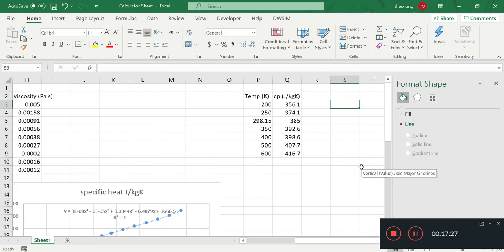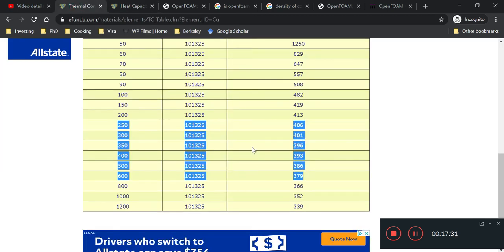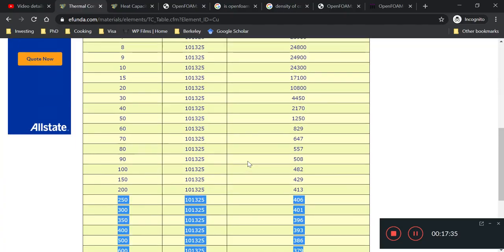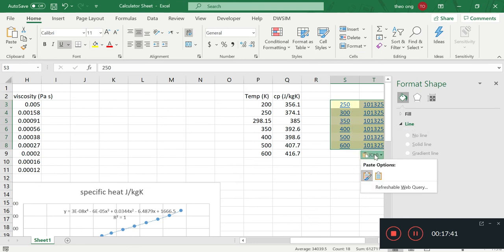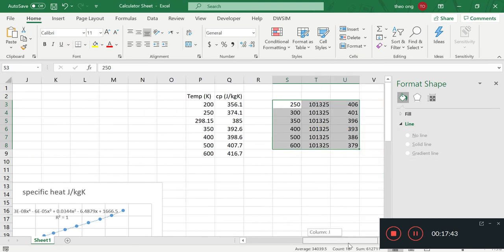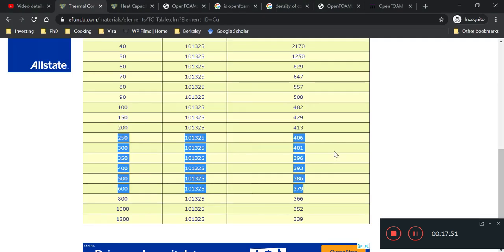Now, this one I'll put a link again in the description. This is the thermal conductivity, which we also need to copy over. Thankfully, this is already in table form, which is very convenient for us. So I think we just do 250 onwards.